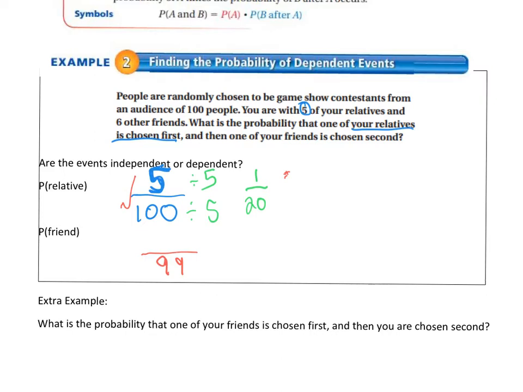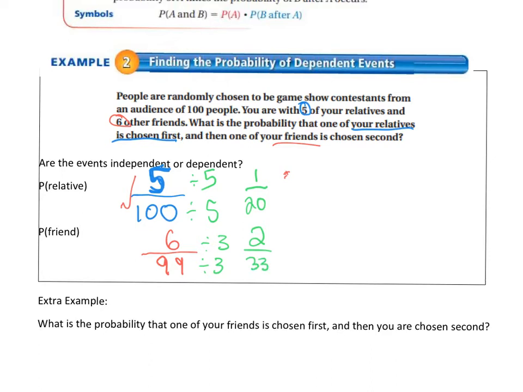And now we need to think about how many of your friends we have in the stands left, and that there are 6. Okay, let's simplify this as well. Divide the top and the bottom by 3. 6 divided by 3 is 2. 99 divided by 3 is going to be 33.